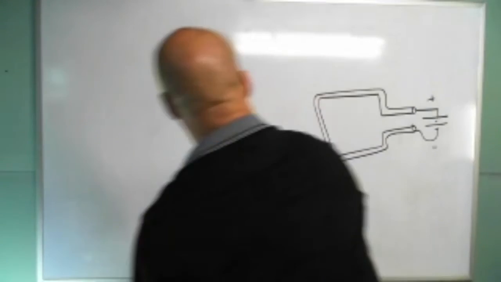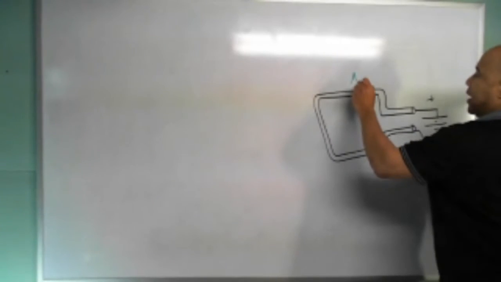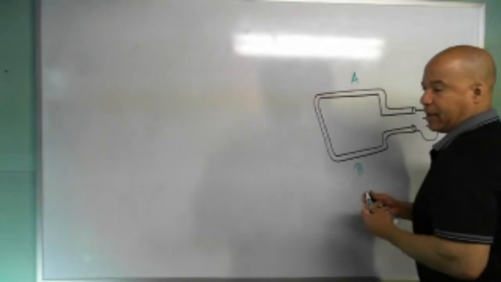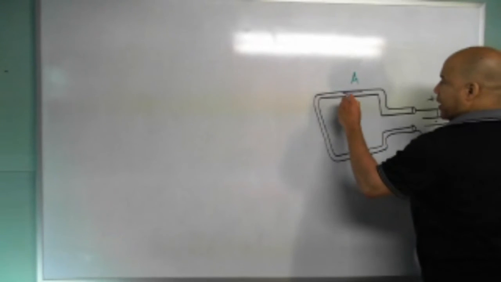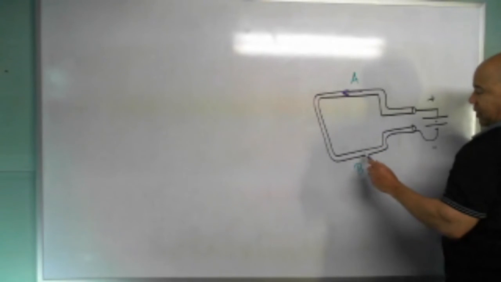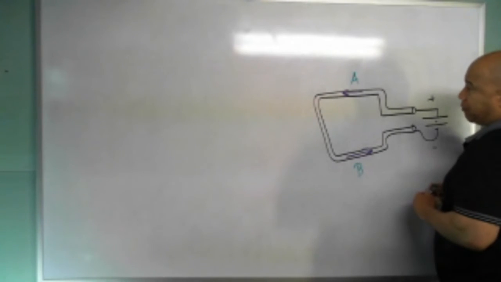The top conductor we'll call conductor A, and this is conductor B. In the top conductor, current is moving this way, and the bottom conductor is returning like that. That's the current flow.